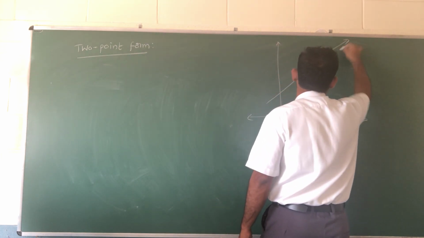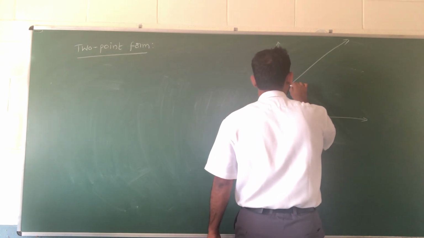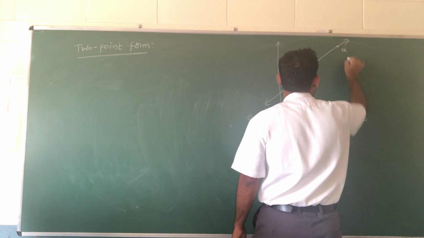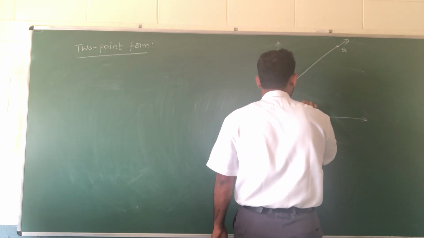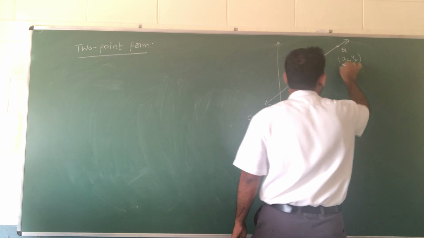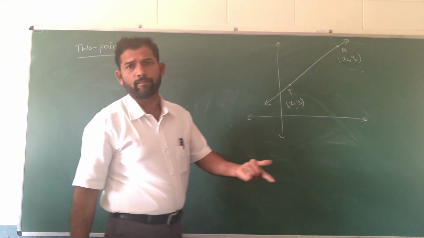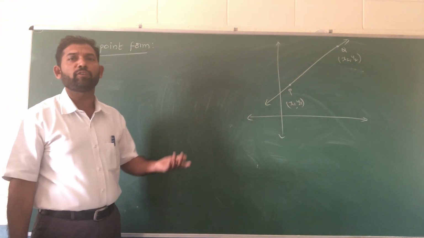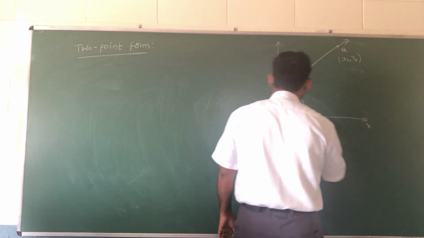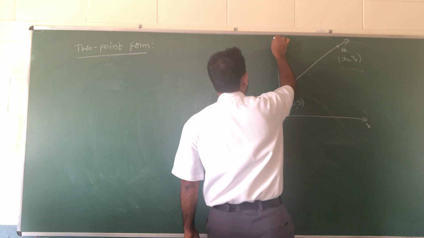So on the line, two points are given, P (x1, y1) and Q (x2, y2). So two points are given. What is the equation of the line?